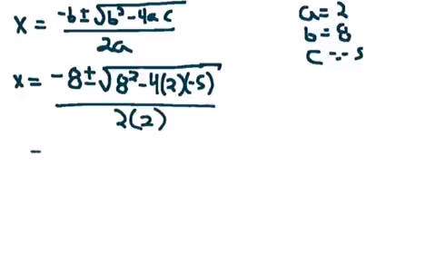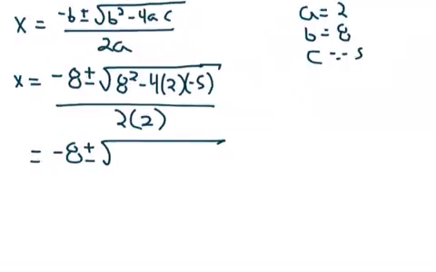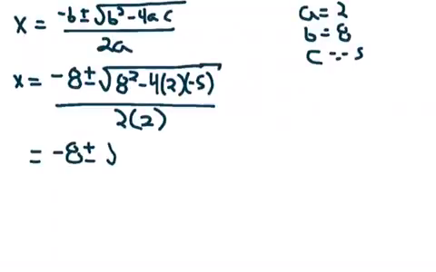Now we just start solving for each individual part. We got negative 8 plus or minus the square root. If you just plug this into your calculator, 8 squared is going to be 64, then minus 4 times 2 times negative 5. Really, before I write this down, let me go ahead and shorten that square root, because I know it's not going to be that large like it was in the last one.